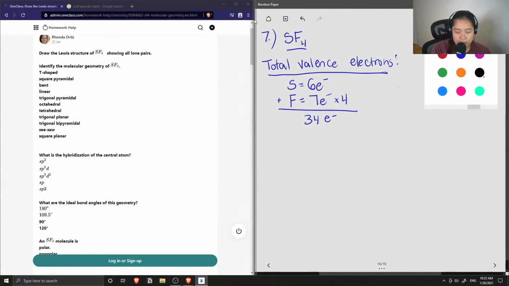So now let's sketch out the skeletal structure of SF4. Sulfur will be our central atom, since it is the least electronegative. And then I'm just going to draw 4 single bonds to the fluorines, and I'll also draw in all of their lone pairs.